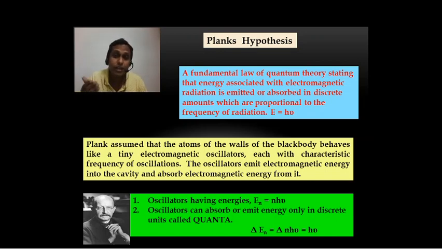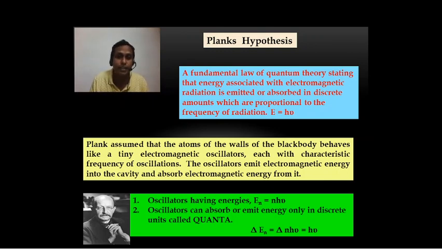This emission and absorption takes place only in discrete units which are called quanta. So the Planck hypothesis is that oscillators have energy En = n h nu, and the oscillators can absorb or emit energy only in discrete units called quanta.